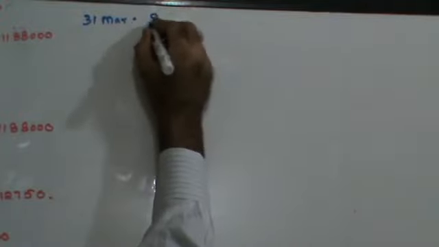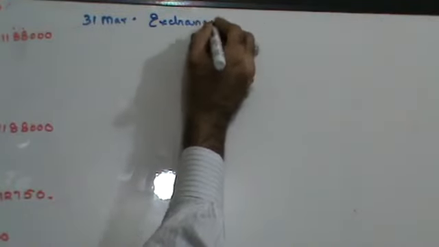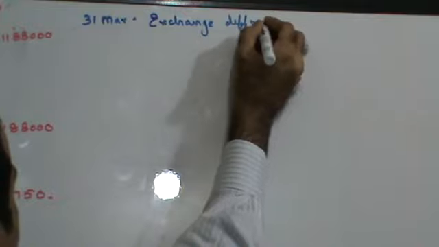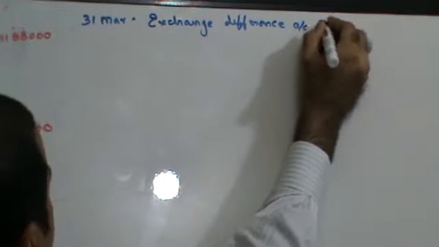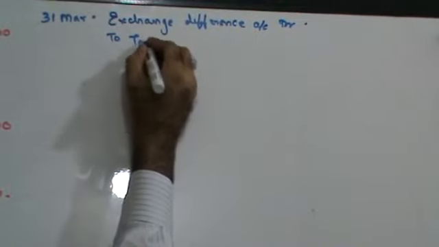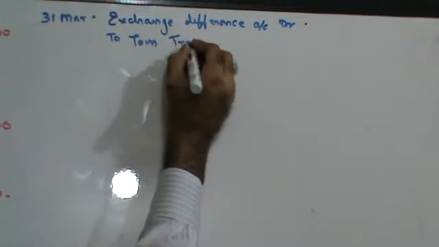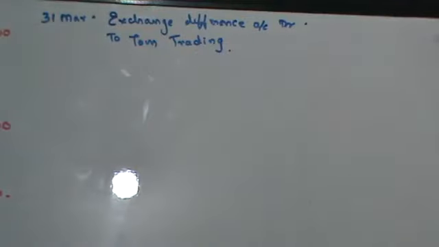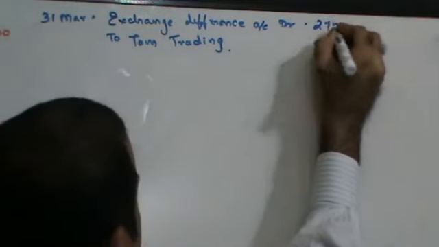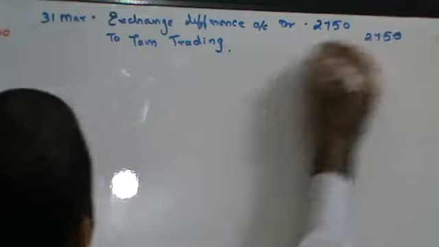I would have had to pay 48.5. Instead of that, I have to pay 48.75. That means I have to pay 25 paisa extra. That means loss. Loss means exchange difference account on the debit side. So this is going to be exchange difference account debit to Tom Trading. I'm making a loss of 25 paisa on $11,000, 2750.